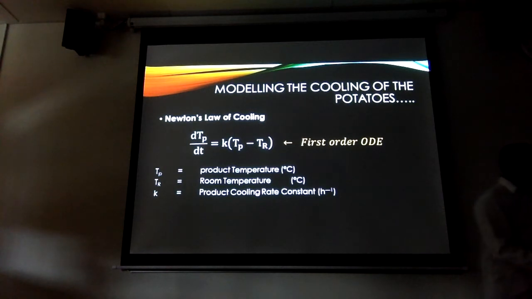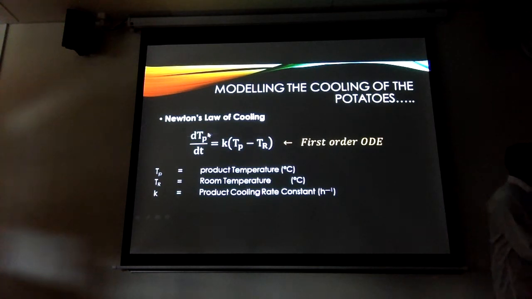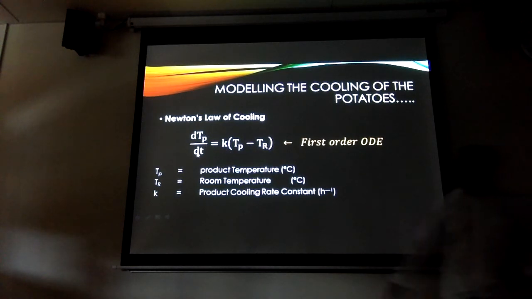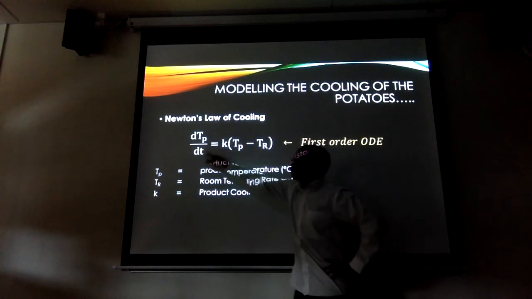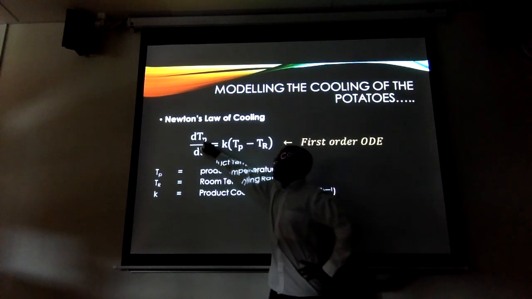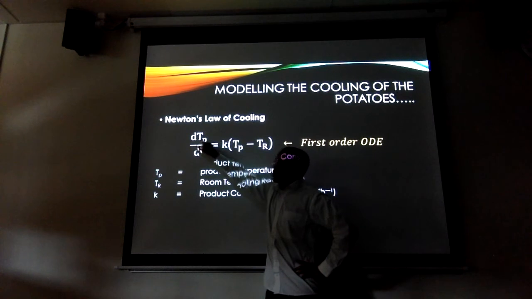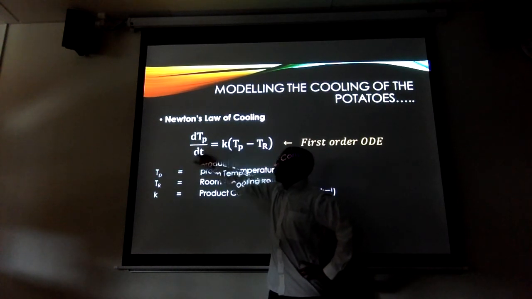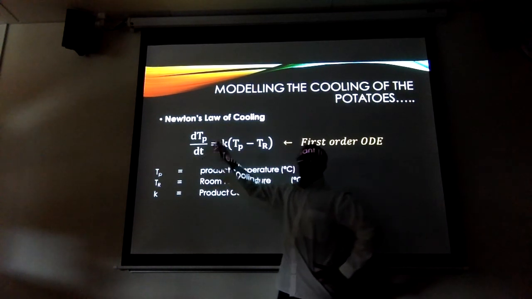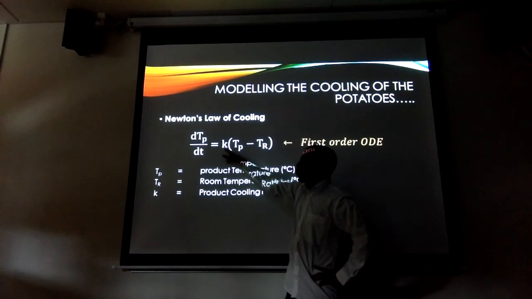Okay. Can you please talk about it again? Right. So this here, dTp/dt, refers to the cooling of the product. Here Tp means the product temperature, and it's changing with respect to time, and it's proportional to some cooling rate constant.